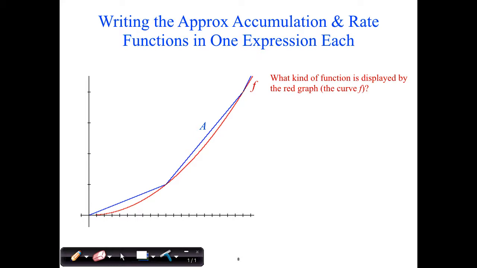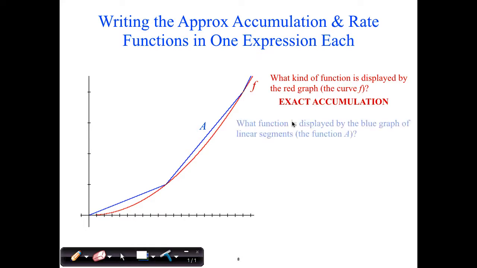So I'm going to use the picture that we had before, but we're going to think of this not necessarily as f of x equals x squared, with these values at 0, 0, 1, 1, and 2, 4. Just think of this as some general graph where we use this process. If this red curve here, generally, let's just call it f, as opposed to f of x equals x squared being demonstrated here. That's our exact accumulation, general function f.